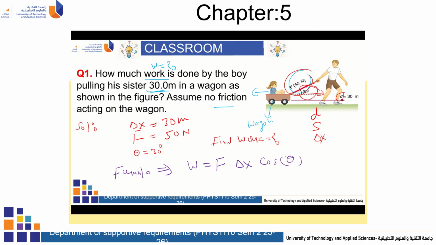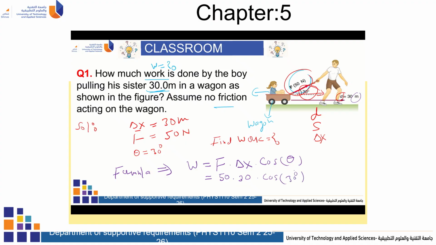I have to put in the value of the force, which is 50 newton, and the displacement, which is 30 meter. It should be meter, not centimeter, millimeter or kilometer, only meter. The displacement should be only in the unit of meter. And here is the cosine theta, and the value of theta is 30 degree.